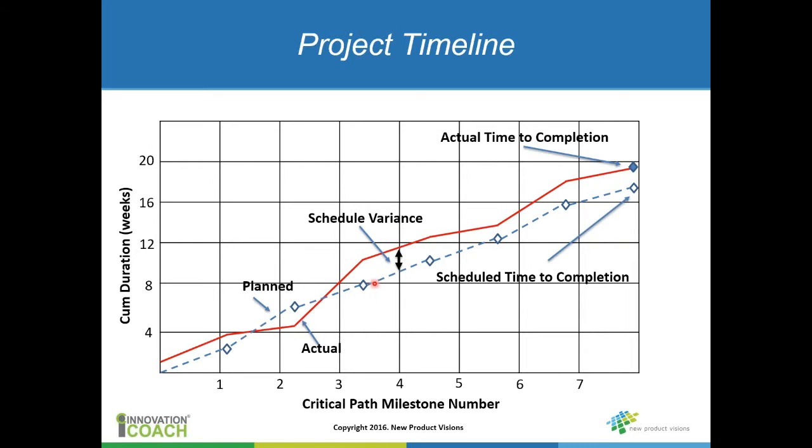So it's a very easy thing to look at where you are as far as variance. Now it's tracking along fairly well, but if the red line was tracking further apart from the blue line, then you've got a real problem in the project. So it's a very quick way to illustrate where you are with the project.